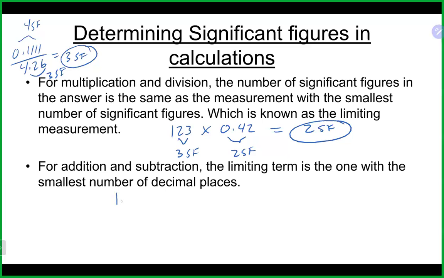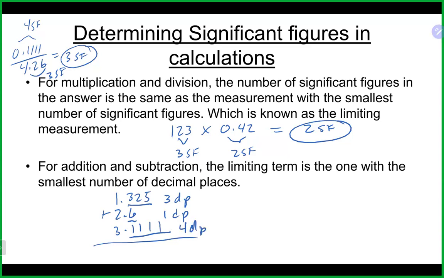So if you're taking 1.325, you're adding 2.6, and you're adding 3.1111. This has 3 decimal places. This has 1 decimal place. This has 4 decimal places. And if we did that on our calculator here, our display is going to show us 7.0361.